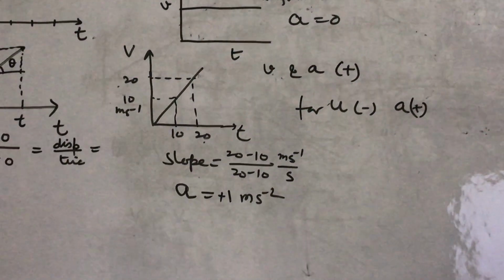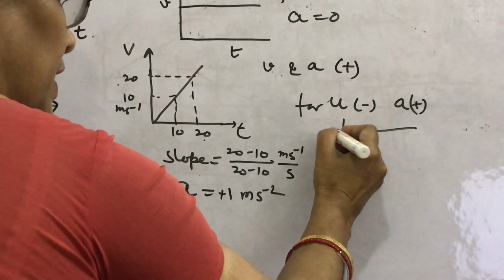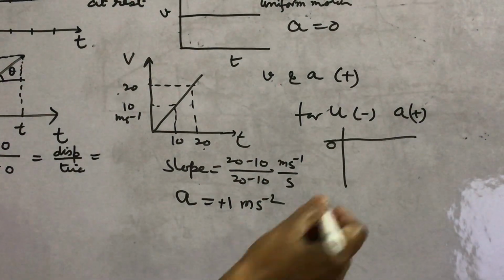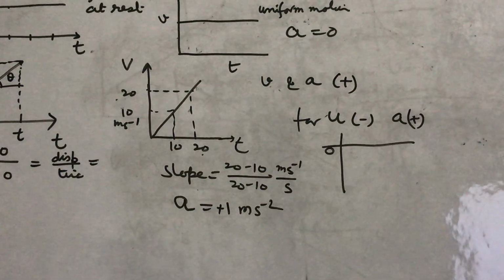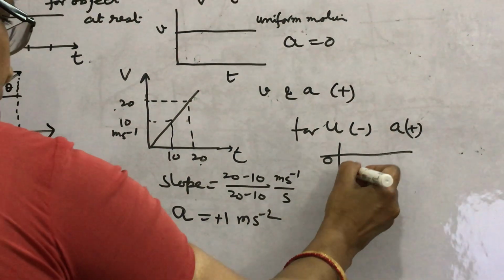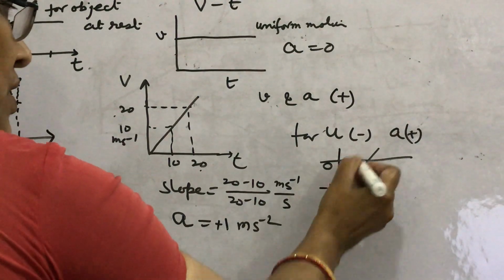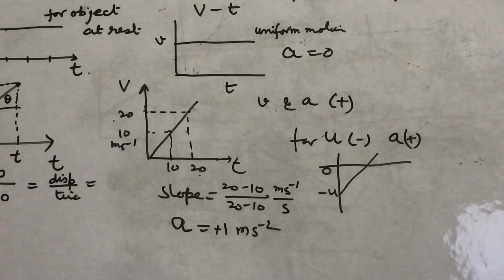Plot the graph. Think, this will be the origin and u negative will be on this side, but A is positive. Positive means rising slope. How will you plot the graph? You will plot the graph like this. This is minus u, so u is negative and A is positive.